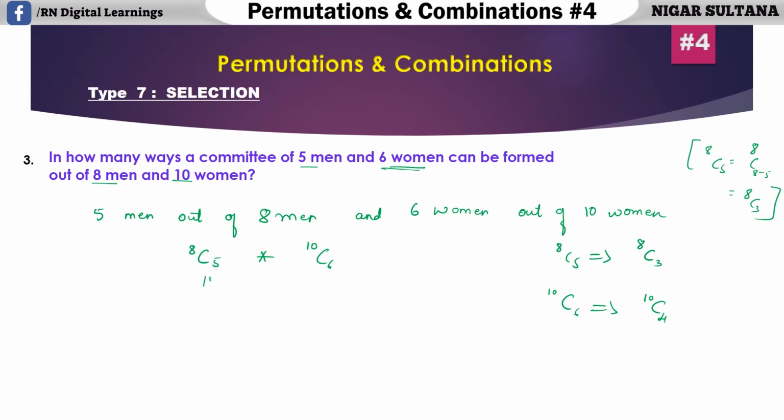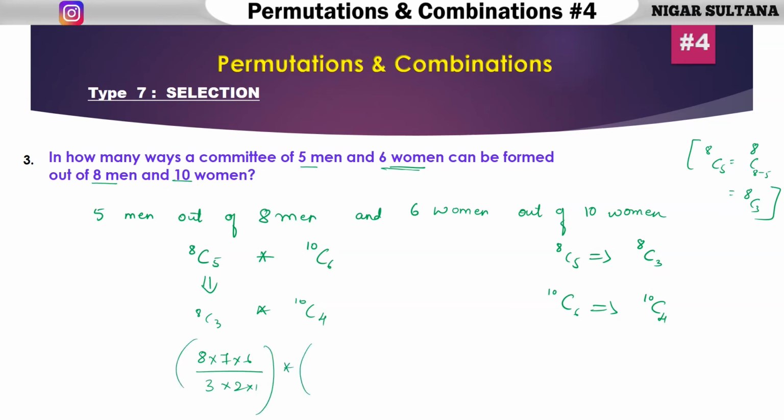Now let's write down: 8C5 can be written as 8C3 into 10C6 can be written as 10C4. After expanding this, we get 8 into 7 into 6 divided by 3 into 2 into 1, into 10 into 9, going only till 4 numbers, 8 into 7 divided by 4 into 3 into 2 into 1, right?